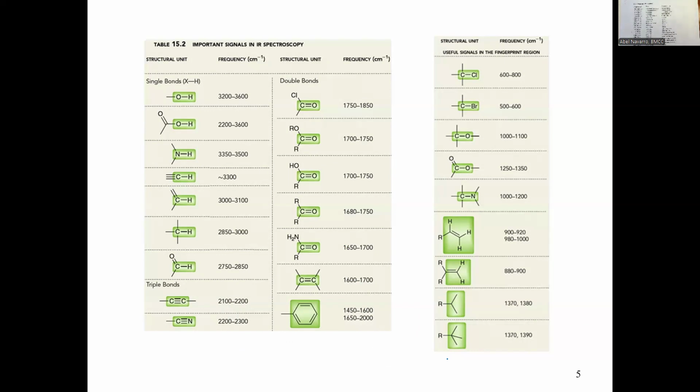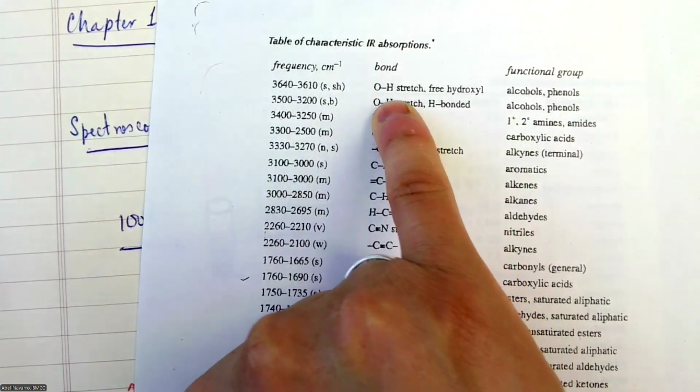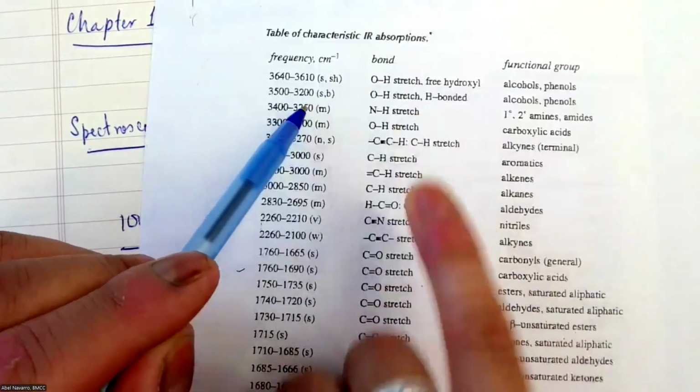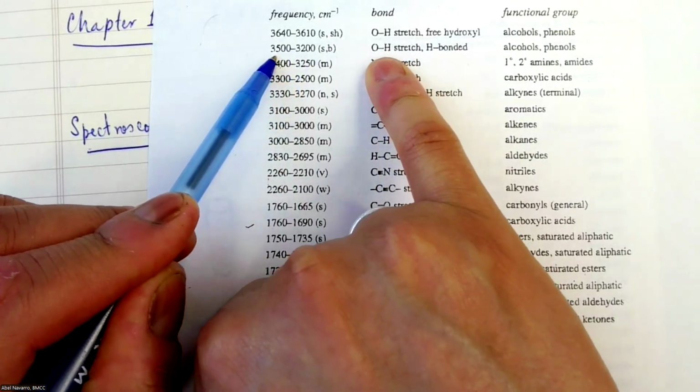So you can see here, the OH bond goes from 3,200 to 3,600. Just remember that number, 3,200 to 3,600, right? What happens in this one? For this author, OHs go from 3,200 to 3,500. Now, the big question is why.